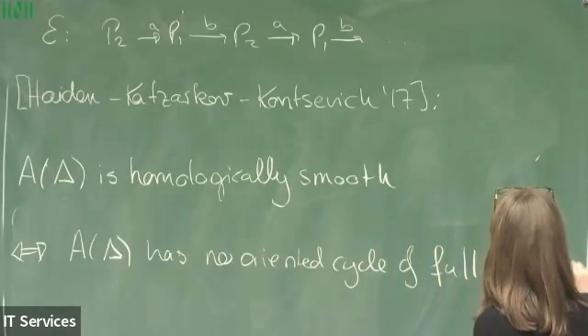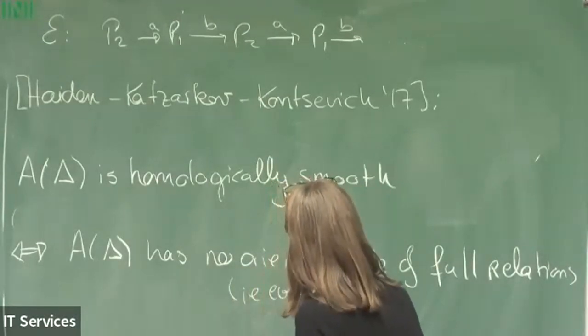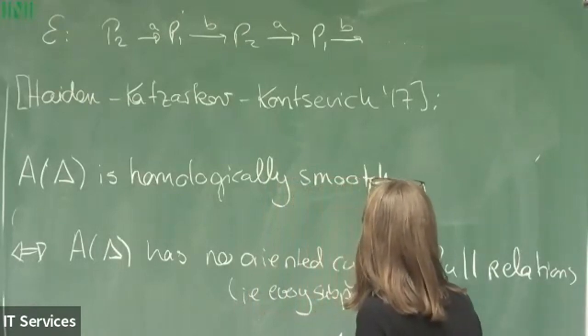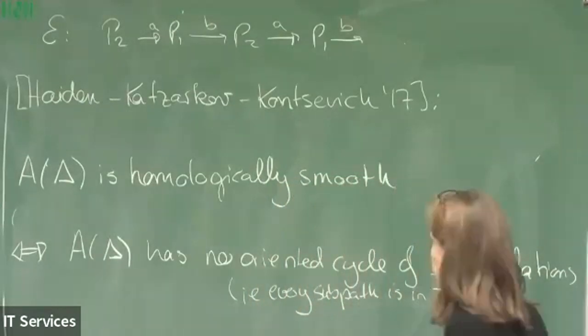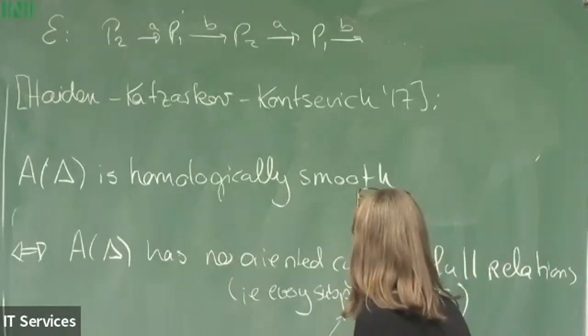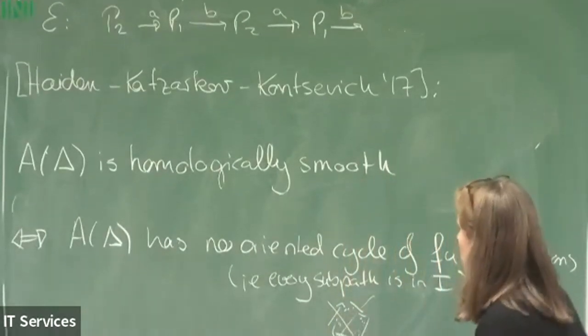What does that mean? That means that every subpath in that cycle is in the ideal. So for a Gentle algebra, what you don't have is something like this. So this is not homologically smooth.